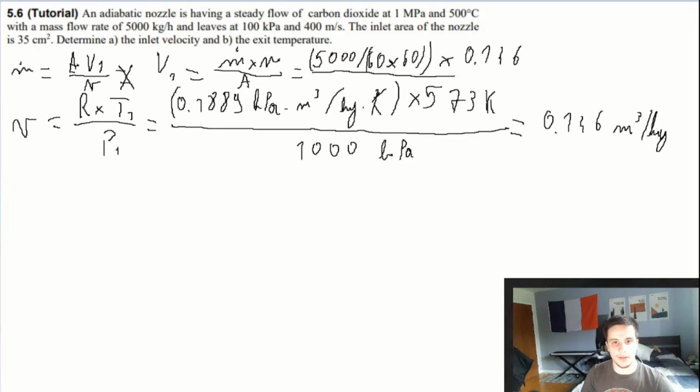And then divide that by the area, 35 centimeters cubed. Actually, I'm just going to do this because there's not a lot of space. Divide that by 35 centimeters cubed, but we want it in meters cubed. So to convert centimeters to meters, you normally do 10 to the power of minus 2. But since this is squared, we want to convert centimeters cubed to meters cubed, you also convert the 10 to the power of minus 2.